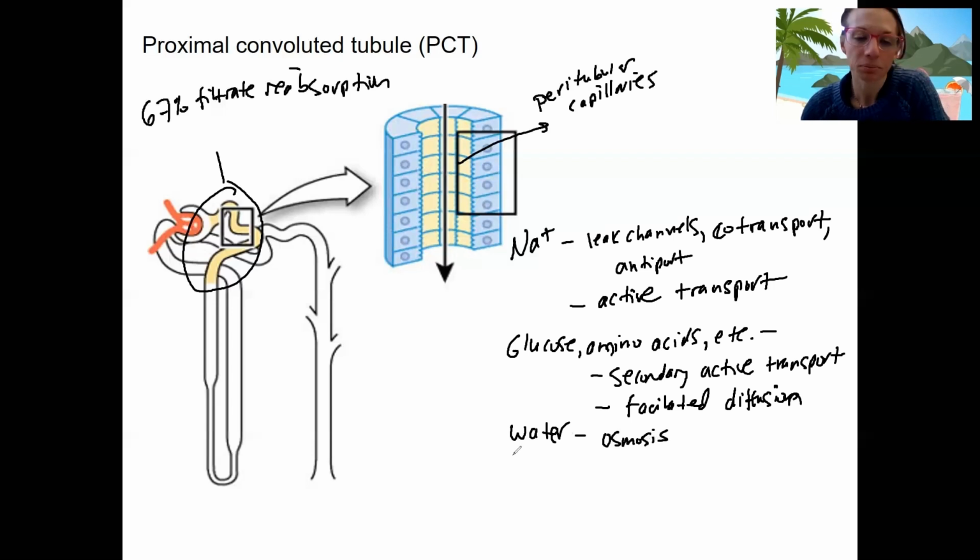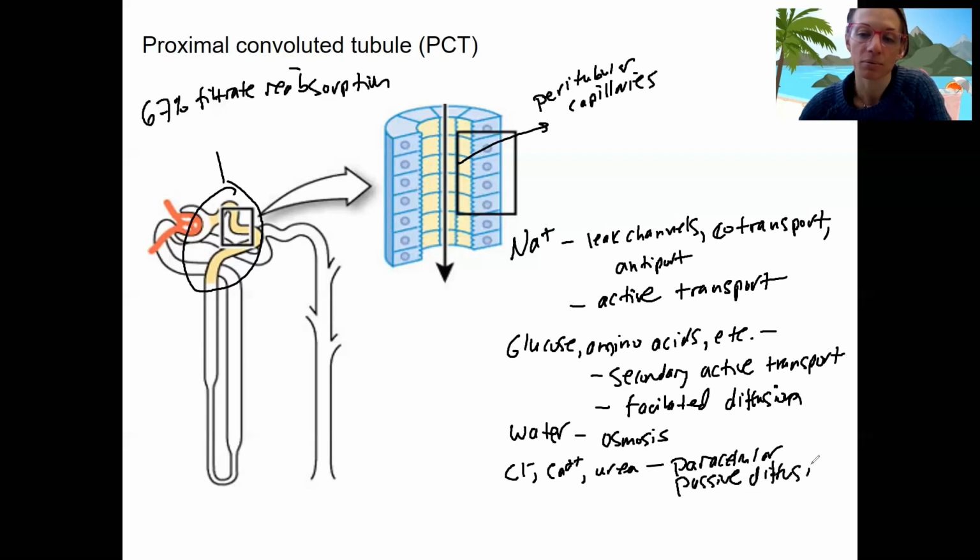We've got other ions, so chloride, calcium, urea is not an ion, but also similar in that it's going to use paracellular, so go between the cells primarily. And this is going to be using some passive diffusion, so using electrochemical gradients.